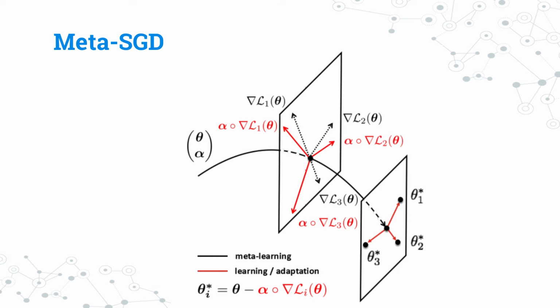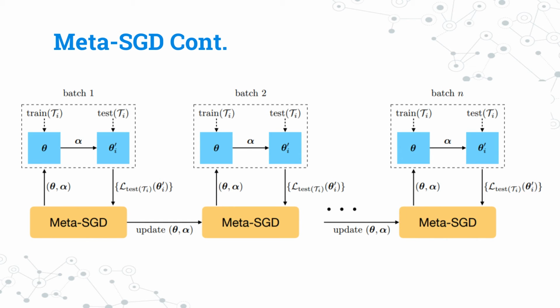losses right here, Li, sort of visualized as gradients here. And then using those losses and our alpha, we have this element-wise multiply between alpha and those losses to create this new theta i prime.